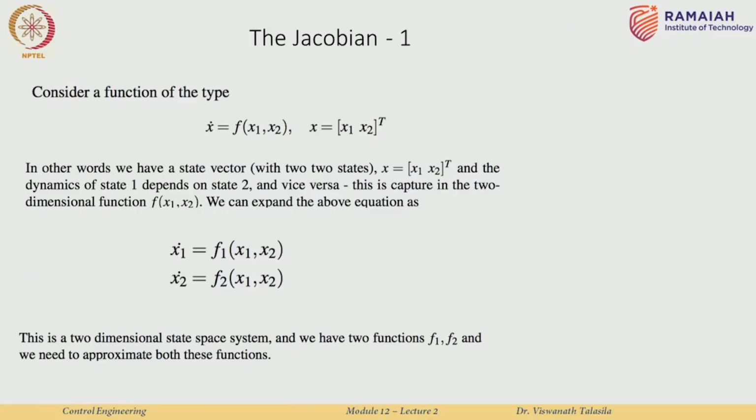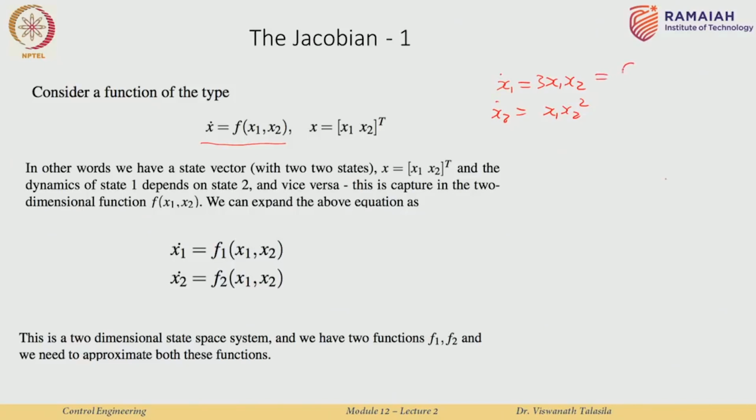Okay. So, in the previous case we had a function of the type, for example, it could have been x dot equal to 3x square, right, a scalar dynamics which you can call. Now, what we are going to look at is functions of two variables. In the next slide we will go to n variables and see how we can generalize this. So, when you look at functions of two variables, this can actually look as follows. So, x dot equal to f of x1 comma x2, right, and the way I can write this down as one specific example, it could be something like x1 dot equal to 3 x1 times x2, x2 dot equal to x1 x2 square, right, something like that.